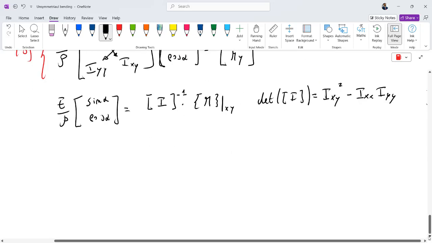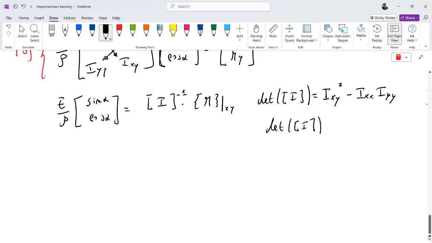So when you make the inversion of the matrix, you can highlight the minus sign, so I can write the determinant of I as minus Ixx times Iyy minus Ixy squared.